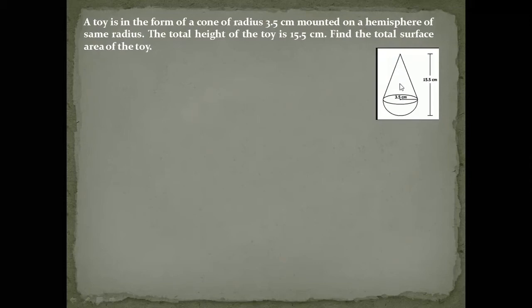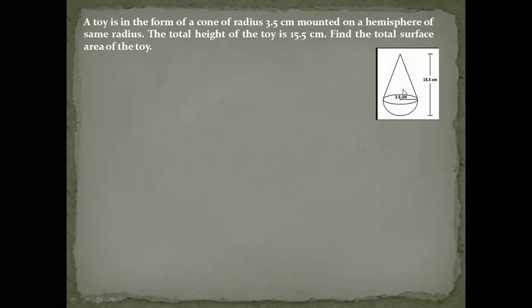So we can find the height of this cone by subtracting the radius of this hemisphere. So we have h here, and then what is the curved surface area of this cone? So curved surface area is pi rl. So we have to find the value of l. So l is your slant height. So what is the slant height? l is equal to square root of r square plus h square. So we can find the value of l, and we know the curved surface area of cone, right?